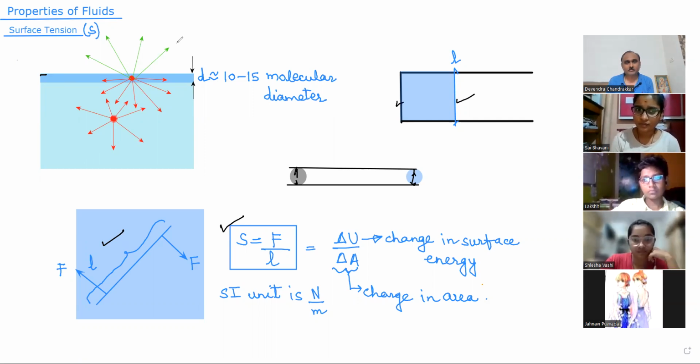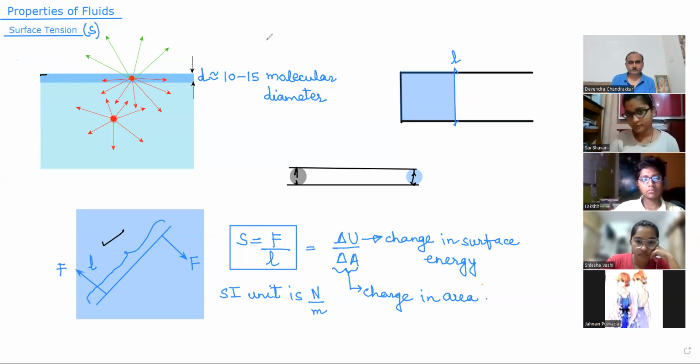If you see that surface from the top, it seems to be like this. On that surface, we are drawing a line. That line is in equilibrium. It will be in equilibrium only when there are two equal and opposite forces acting in two different directions. The expression for surface tension is given as F upon L. That's it.